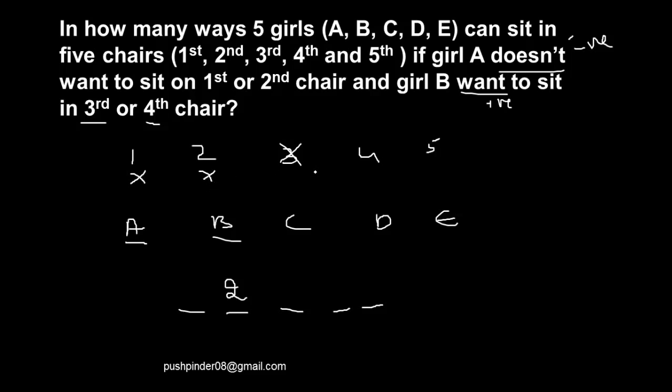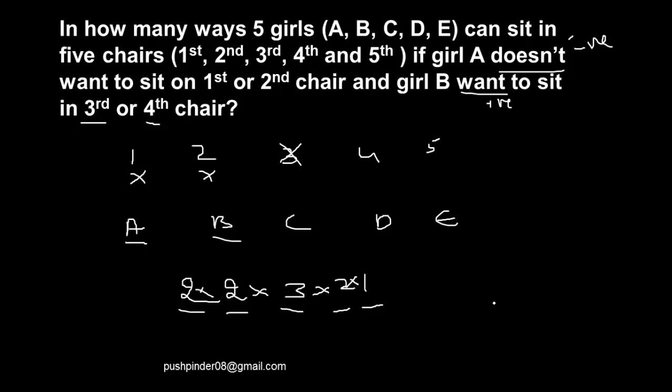The third chair has already been taken by girl B. That means there are only two places left for girl A to sit, right? And now there are three chairs left and three girls left, which can be arranged in 3 factorial ways. So this is our answer, right?